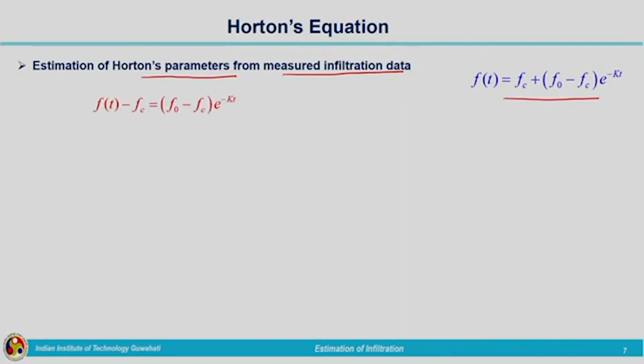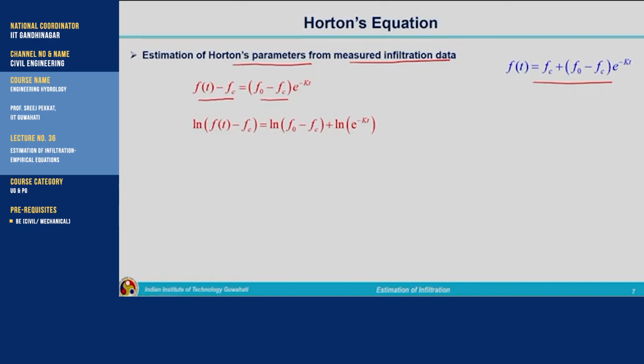So, here some rearrangements of the terms which are present in the equation will be done. We are writing f of t minus f c is equal to f naught minus f c times e to the power of minus kt. After that, we will be taking the natural logarithm.